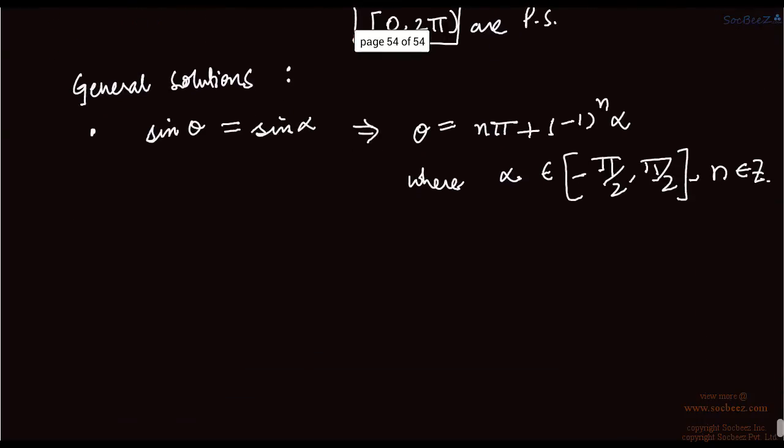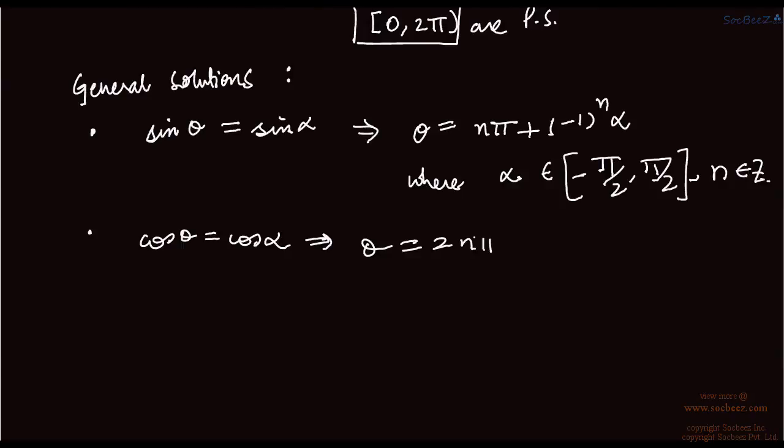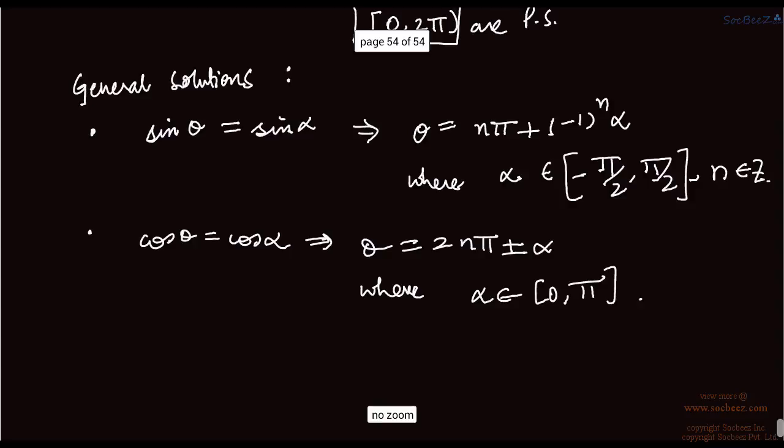Okay? Now, moving on, the second general solution is for cos theta. Of course, cos theta is equal to cos alpha. This implies theta is equal to 2n pi plus minus alpha, where alpha belongs to the domain 0 to pi, and n belongs to z.